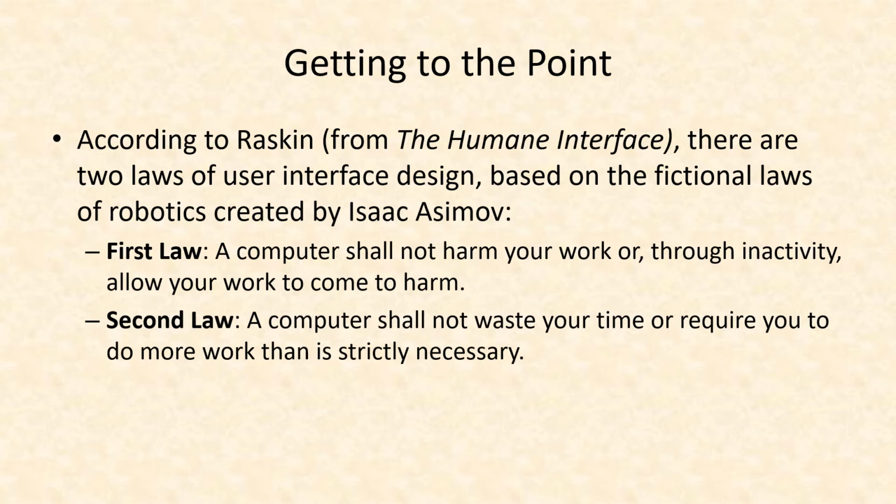The second law is that the computer should not waste your time or require you to do more work than is necessary. If you think about it, this is kind of what Brown was saying: small mental cognitive load, efficient and intuitive.